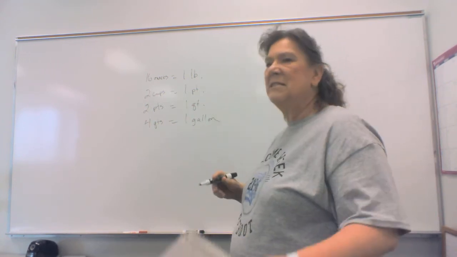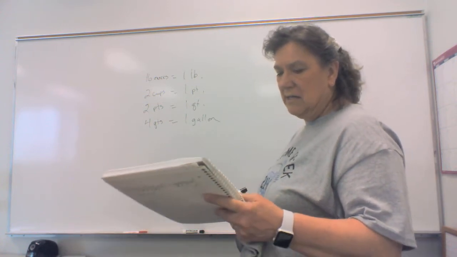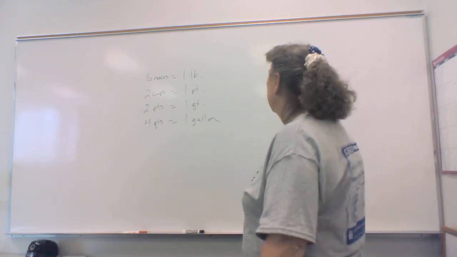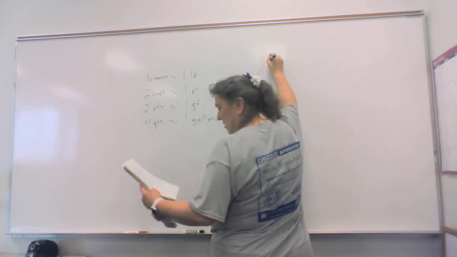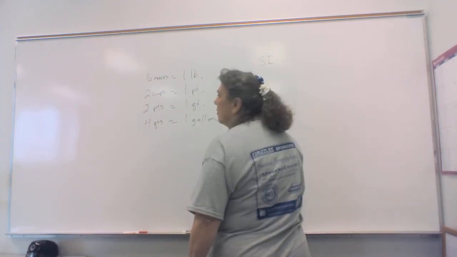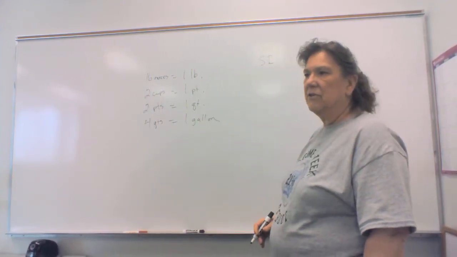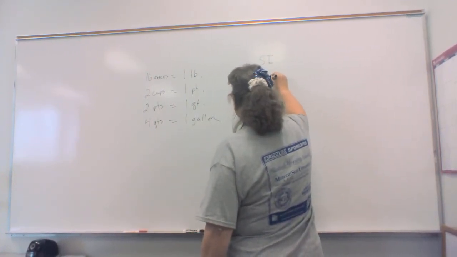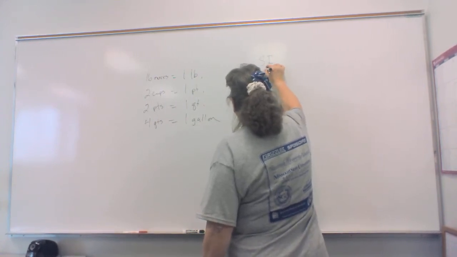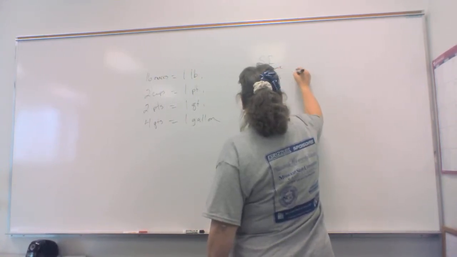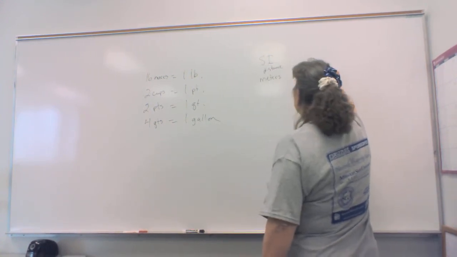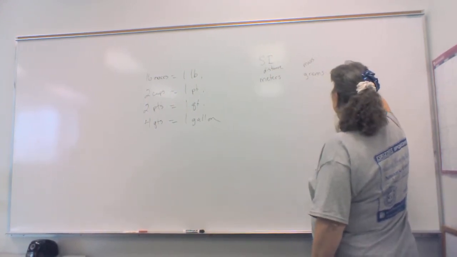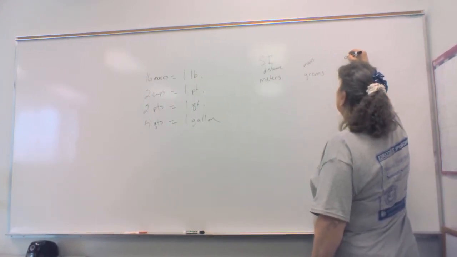Whereas the metric system is really nice, because your international standard units is what your metric system is. SI is what we call the metric system, for standard international units. And so we have meters as a measure of distance, grams as your measure of weight or mass, and liters as your measure of volume.